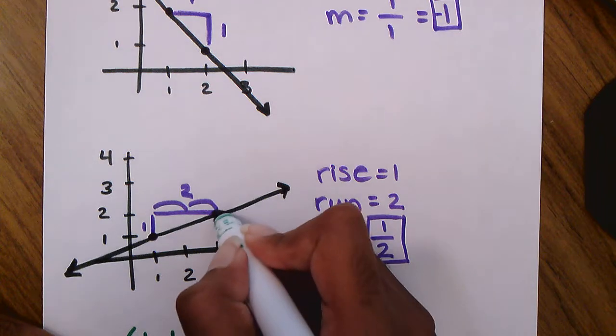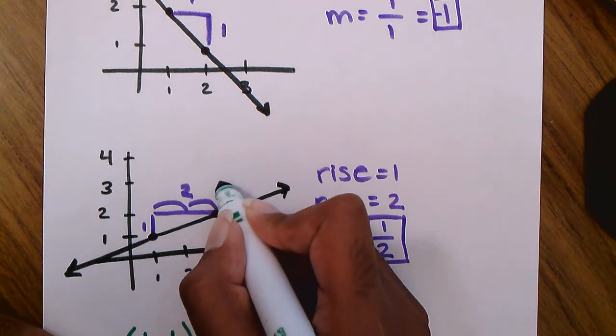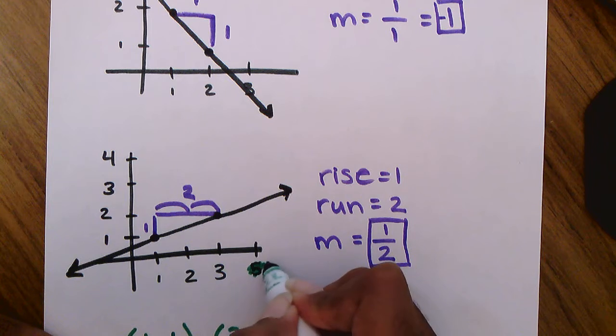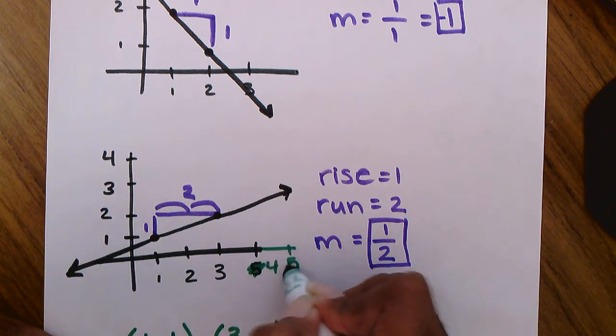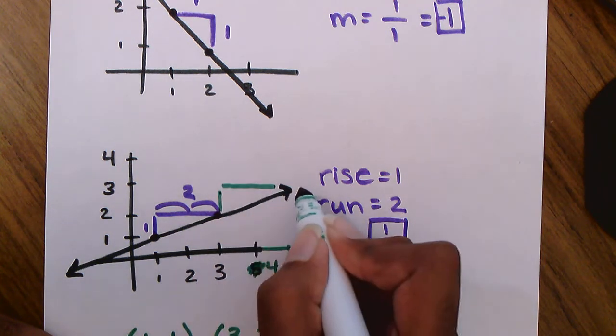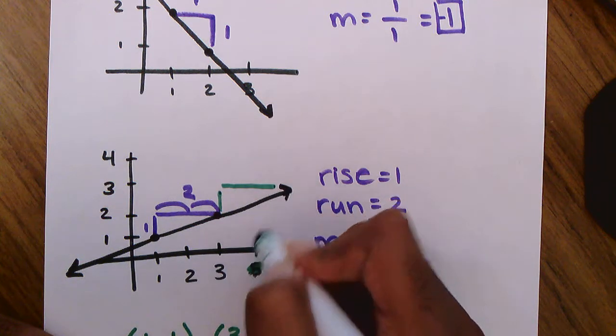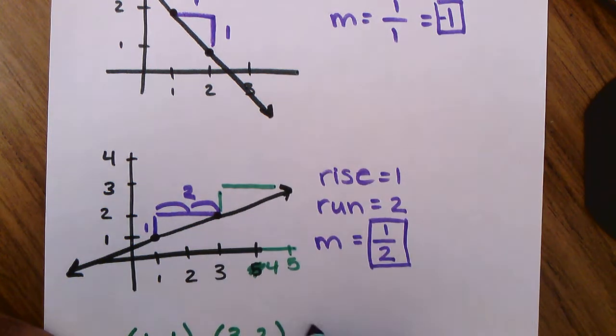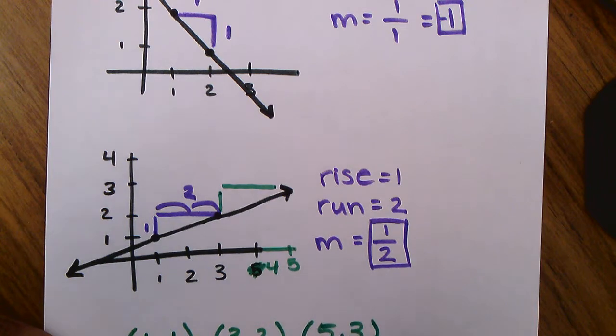If we went up another 1 and over another 2, we would end up at this point, 5, 3. Okay? And you can keep going up and over and up and over to get all the points on your line.